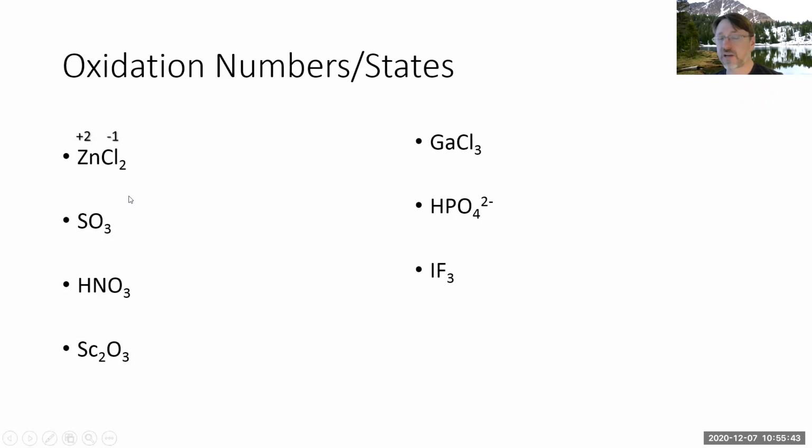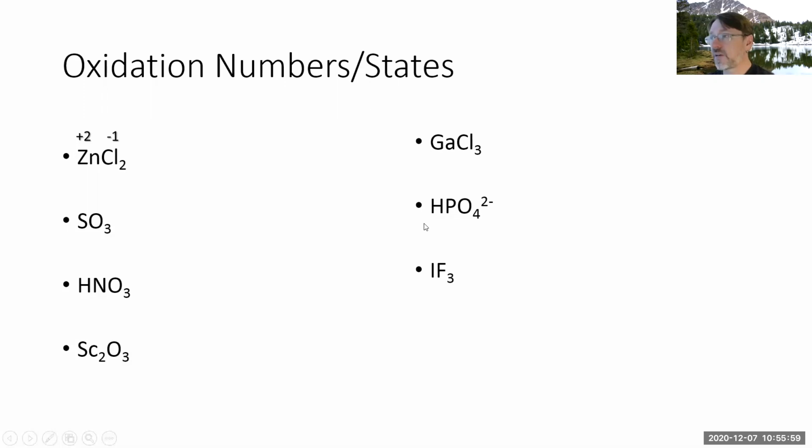Hopefully you can see that the zinc would have to be +2. Each chlorine is a -1. And so that will make the total of the charges for the species to be 0.